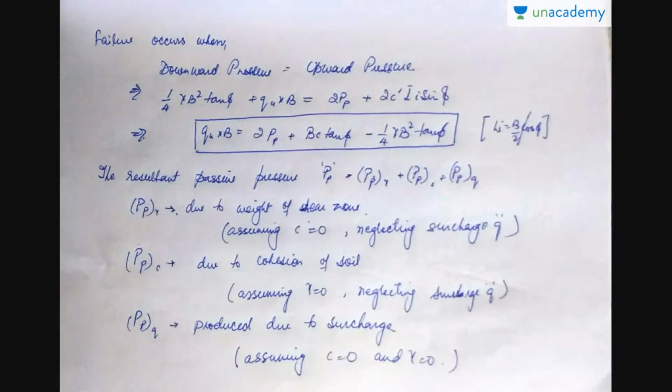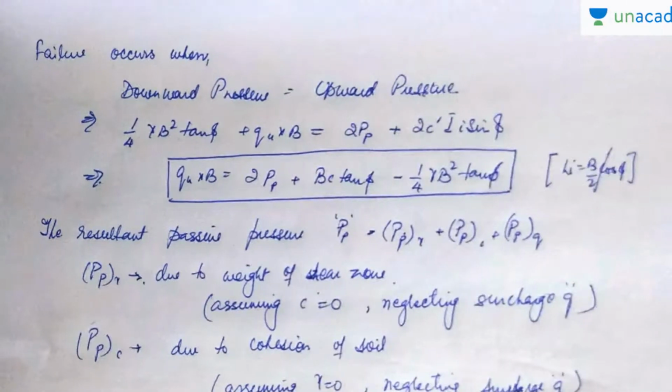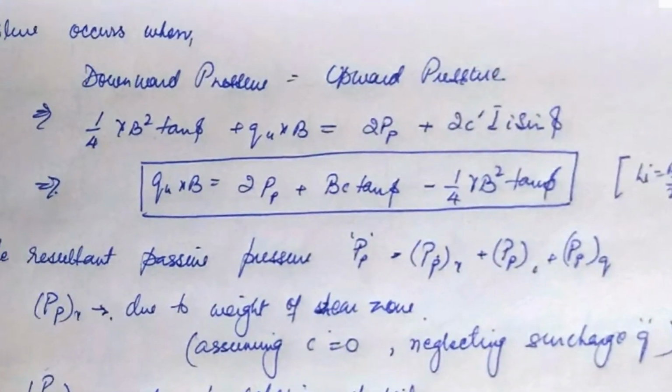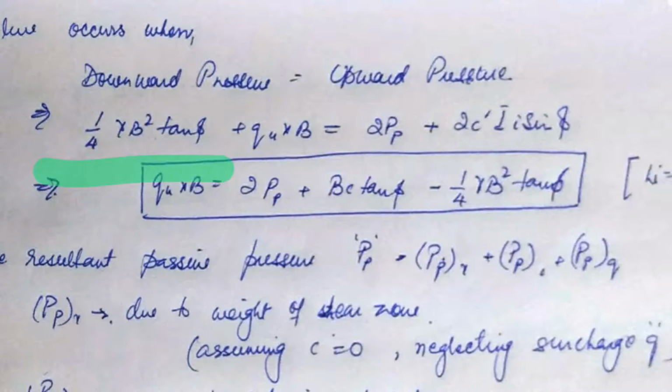So your equation looks like this. Failure occurs when the downward pressure is equal to the upward pressure. For equilibrium, I am equating these two. What we get is: 1 by 4 multiplied by gamma B square tan phi, the weight, plus qu cross B, the load, is equal to 2 times Pp, the passive pressure, plus the cohesive force acting upward, 2 c Li sin phi.